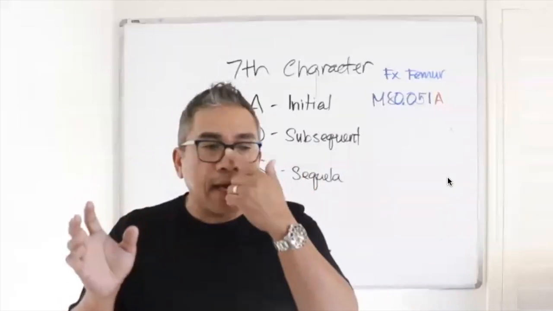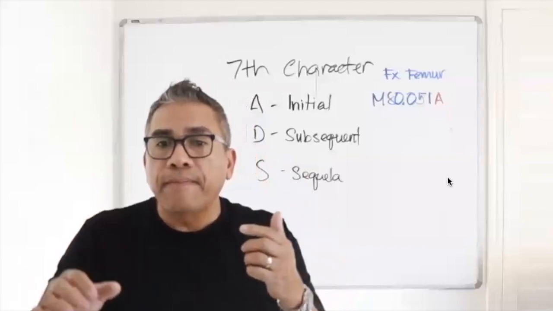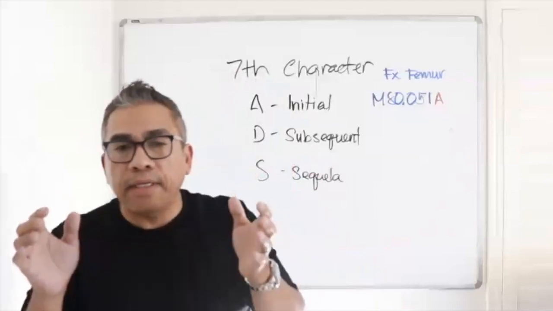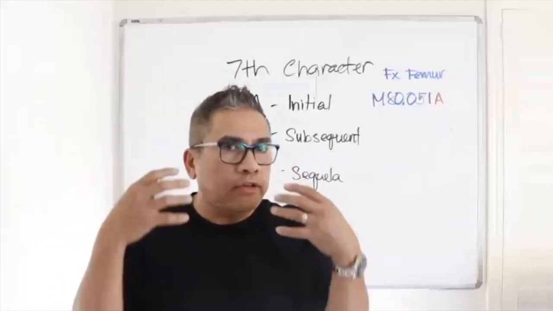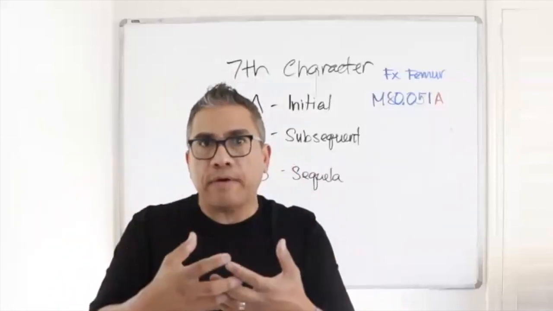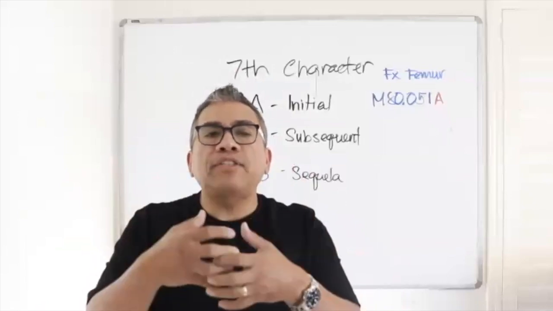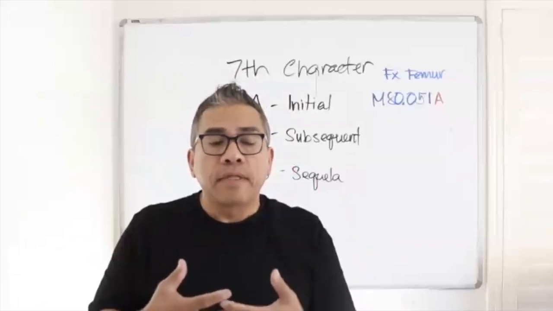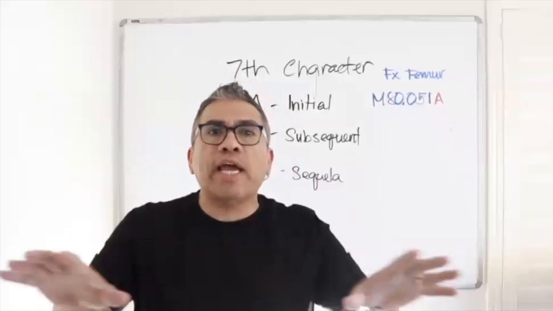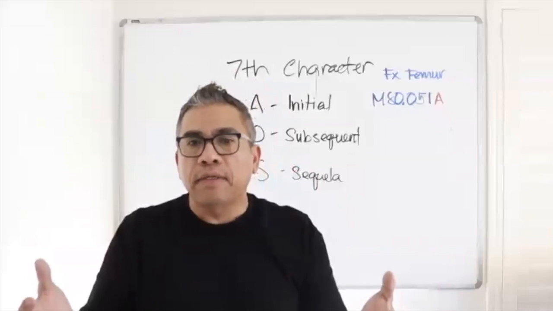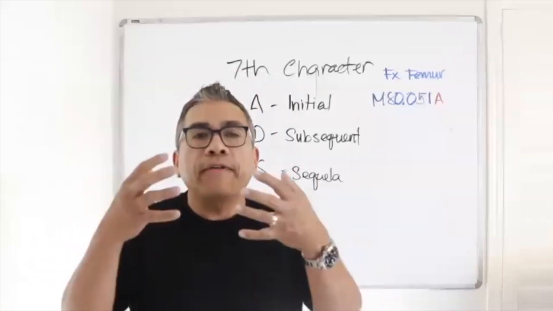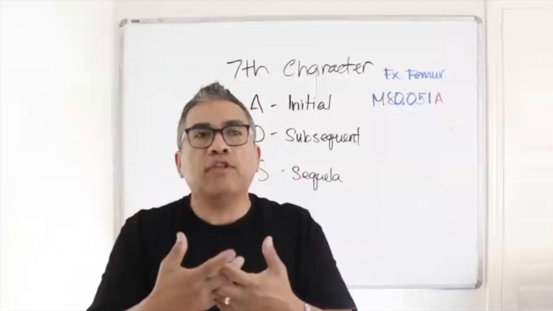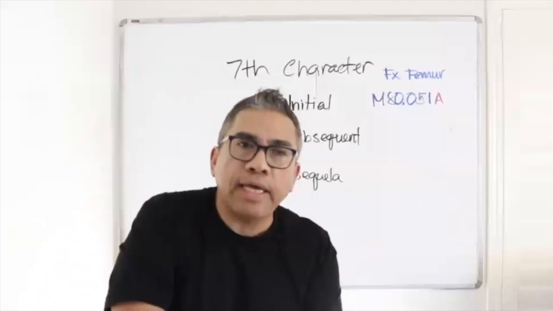Because there are times, guys, that when the injury is so severe, the patient will have to undergo a series of treatments, right? Like if the bones shattered into different pieces, then the orthopedic surgeon will have to put the screw in one day.